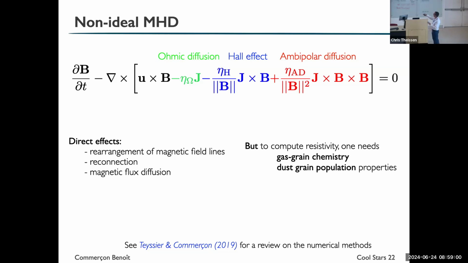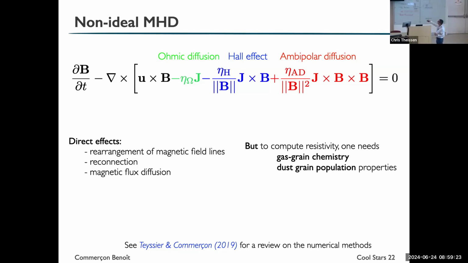So these effects have a different impact on the behavior of the magnetic field. You see that the Hall effect and the ambipolar diffusion can be written as a V cross B term, meaning that they will advect or rearrange the magnetic field lines at a different velocity than the neutral one. And ohmic diffusion will provide some reconnection and magnetic flux diffusion. So now the whole game is to know what the strengths of these non-ideal effects are.